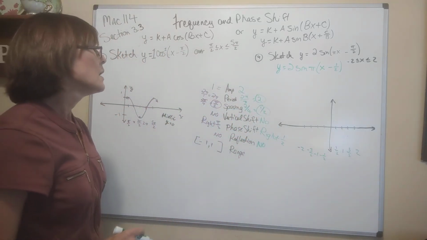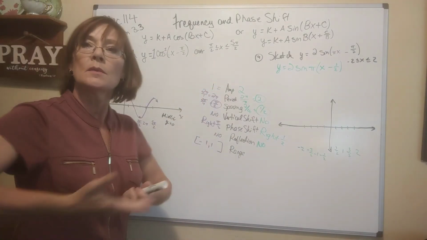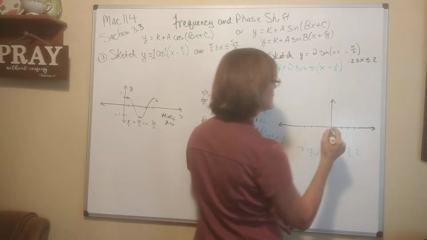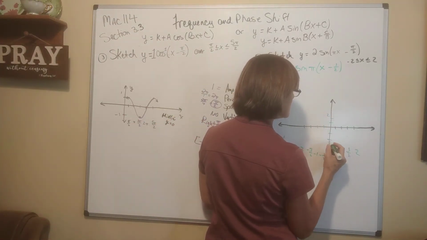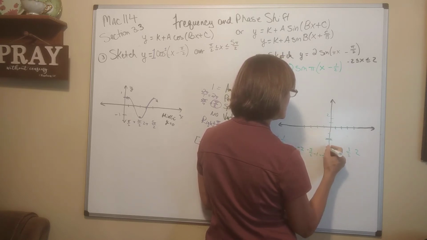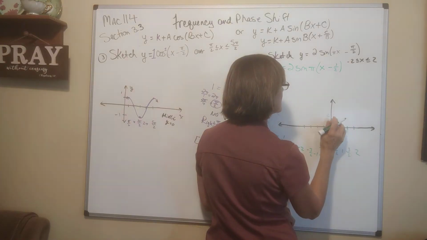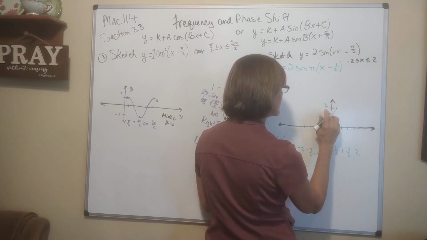So this is a sine wave, and it starts in the middle. How high and low is it going to go? It's going to go up 2 and down 2. Let me try to make this a little bit better. Let's say this is negative 2 and this is negative 1. I'll make my scale a little bit better. This is 1 and this is 2. Okay, all right, there we go.